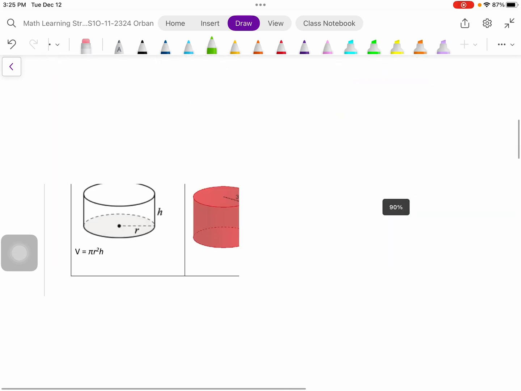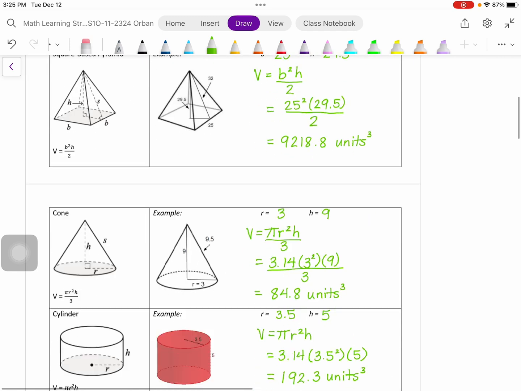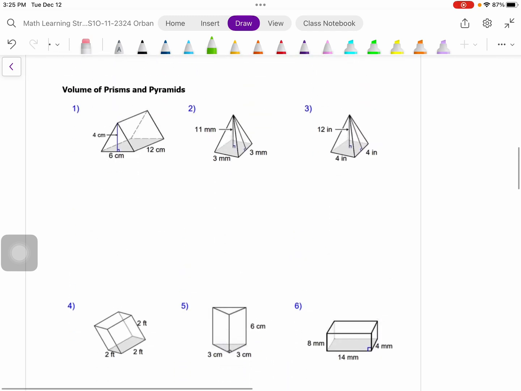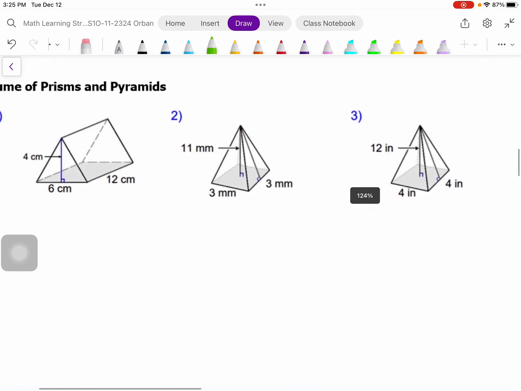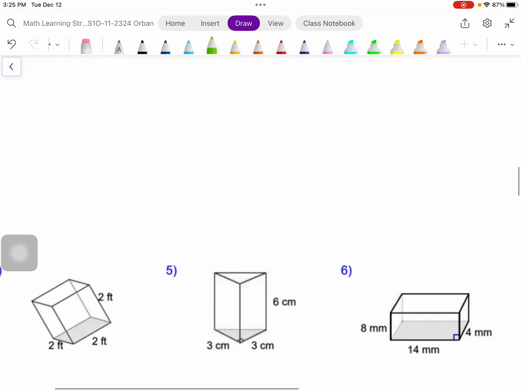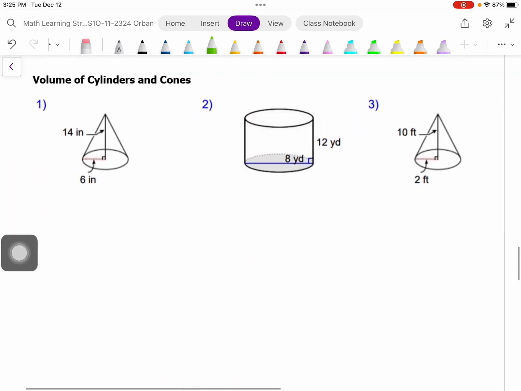So these are the 5 different shapes that we will be calculating volume for. You have lots of examples here, or lots of practice questions to calculate for. Now, for the cylinders and cones, be careful.